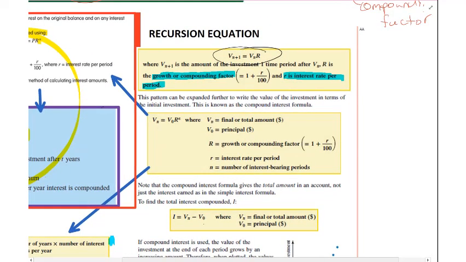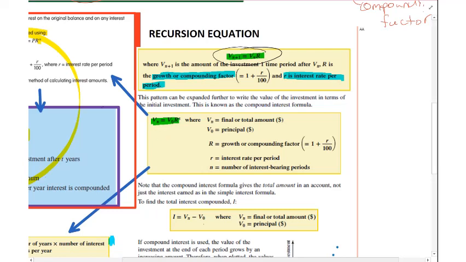So we can write it in terms of the initial investment, going from this equation here to this equation here. Vn here is essentially our next number, our Vn plus 1, and V0 is our previous number, if we're thinking about the recursion we've done previously.